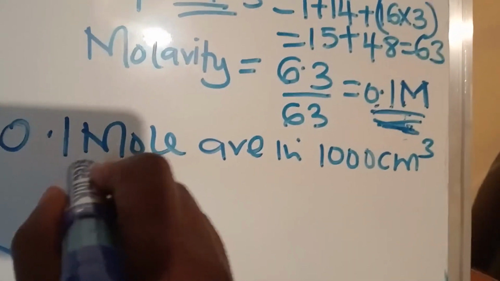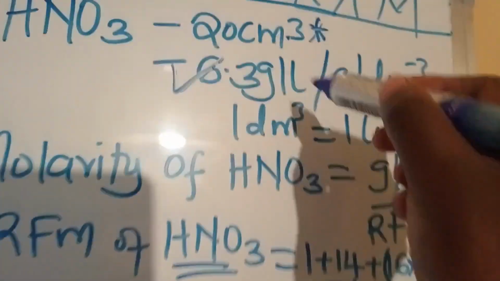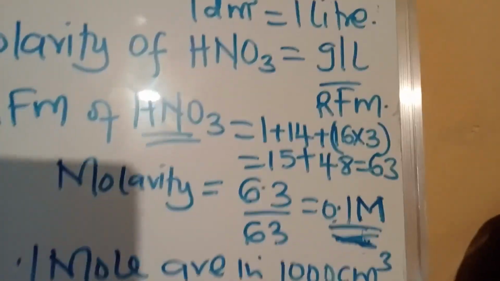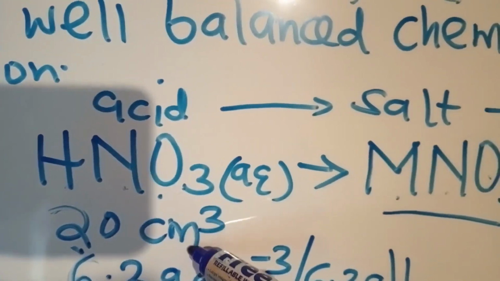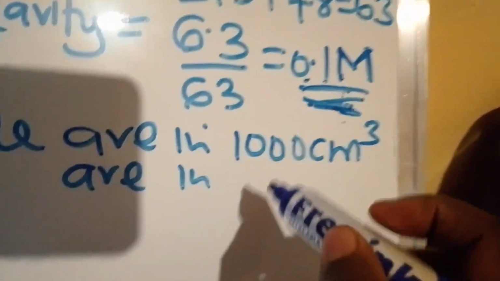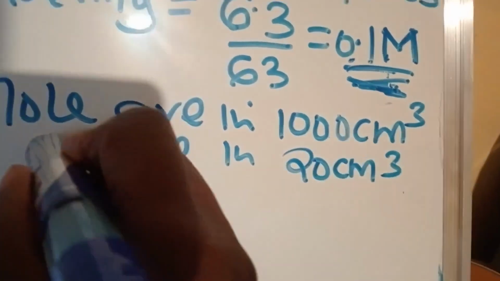Then we can always ask ourselves how many moles are there in this volume, which is 20. You see, we had written that nitric acid has 20. So how many moles are in 20 centimeters cubed?